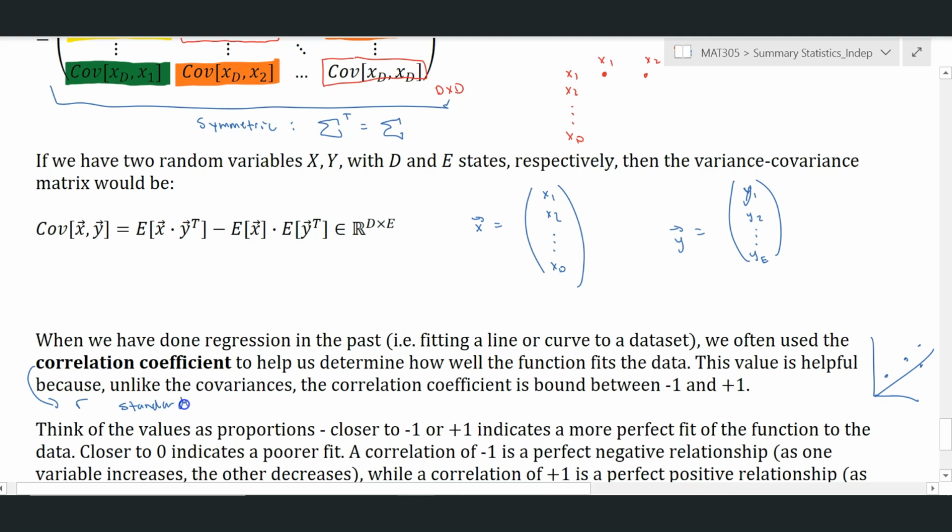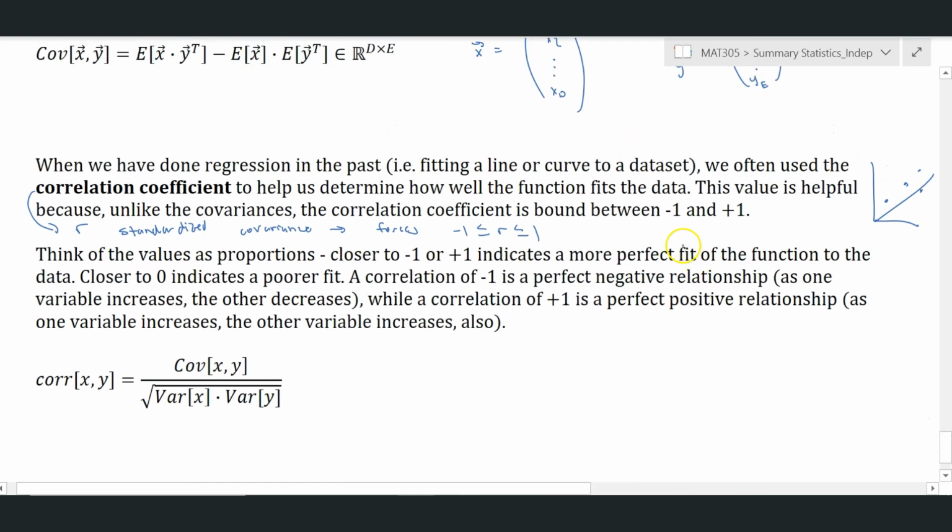It's a standardized covariance. And what it does is it forces R to be between -1 and 1 inclusive. So the beauty of this is that it doesn't matter what kind of data set you're looking at, the goodness of fits across two data sets can be compared because they're always going to be bound between -1 and 1. Think of these as proportions. So -1 is negative 100% and +1 is positive 100%, indicating a perfect fit.